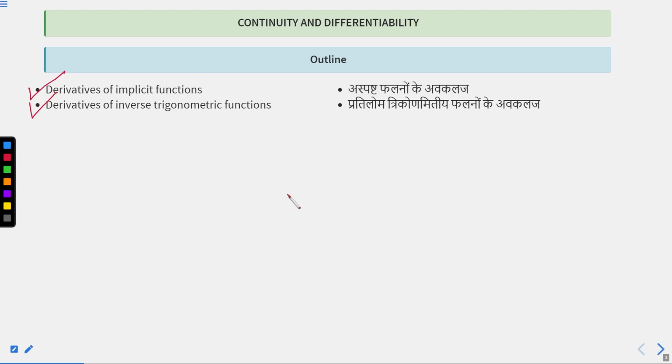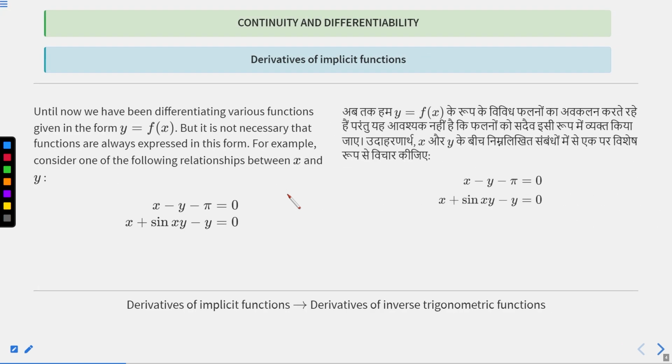Okay, so let us move to the derivative of implicit functions. So far we have been differentiating many functions, but we used this form, where y is equal to some expression of x.